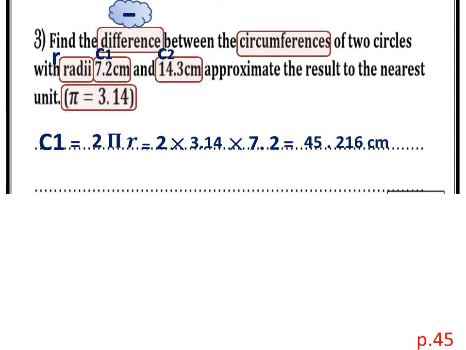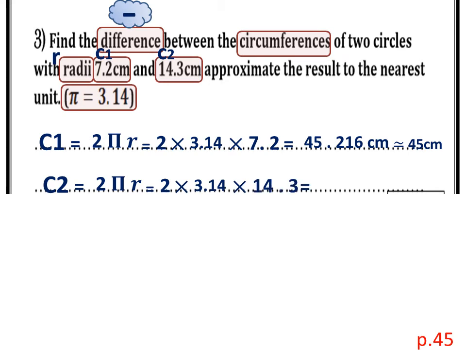Here, when we put it on the calculator, the answer will be 45.216 centimeters. When we approximate it to the nearest whole number, it will be 45 centimeters. And now, let's find C2. Use 2 pi r equals 2 times 3.14 times 14.3.